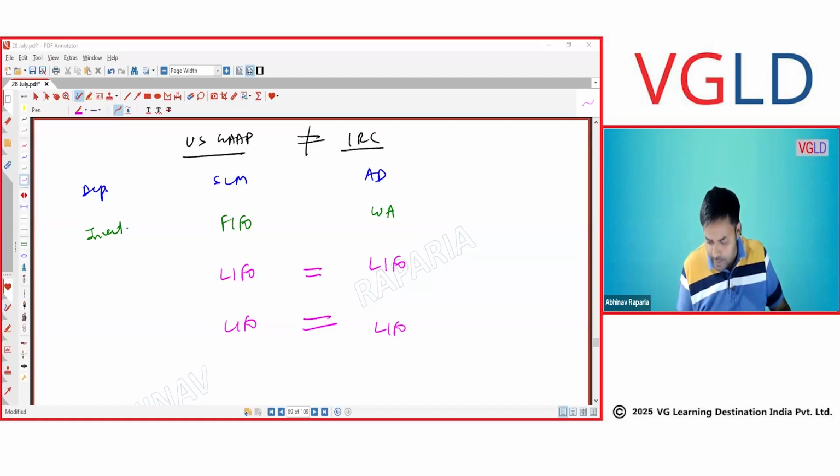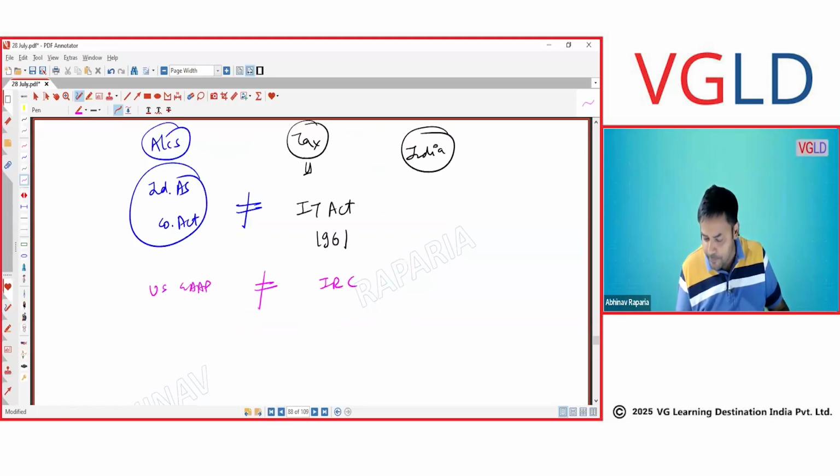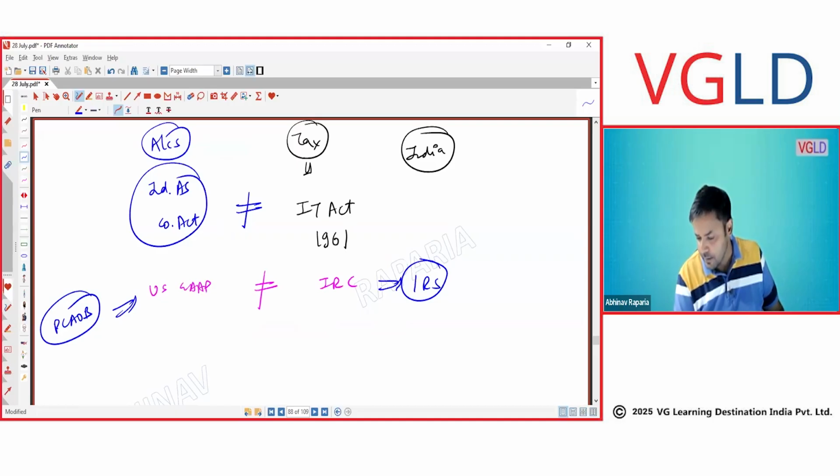No, when both are not the same, Namrata, how will the governing body be the same? The governing body for this is not the same; for tax it is the IRS. The governing body is not needed for preparing the tax return. No, you don't need it for preparing this.